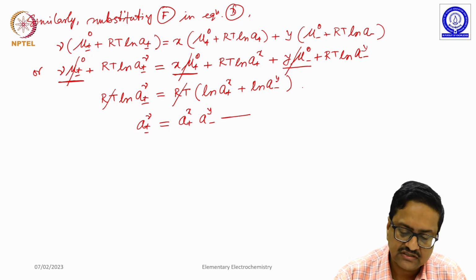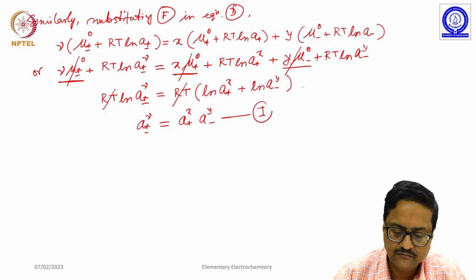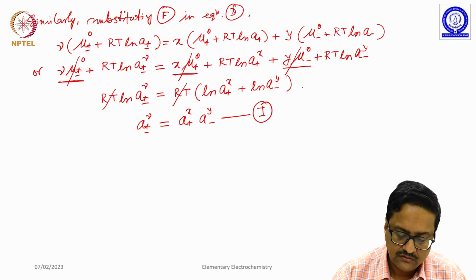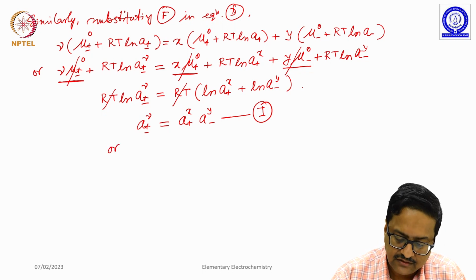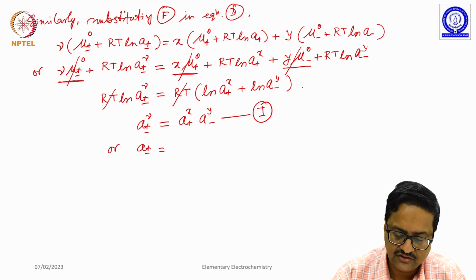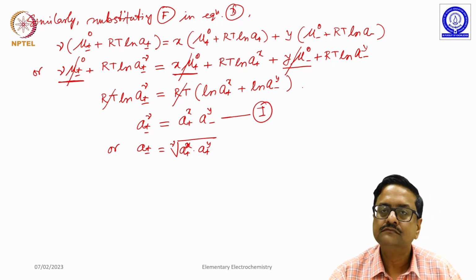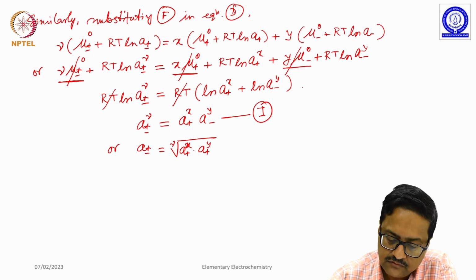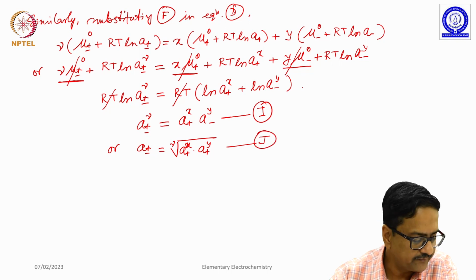We write this equation as equation I. Further, one can write that A plus minus is equal to the nuth root of the product of A plus to the power x into A minus to the power y, right, and we write this equation as J.